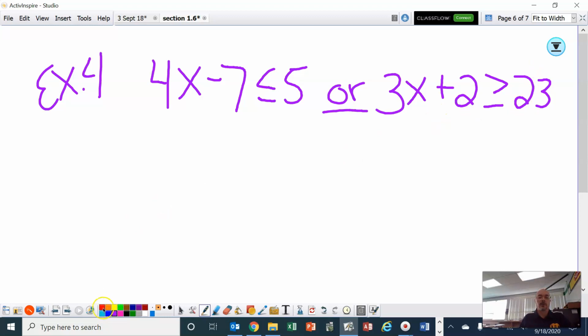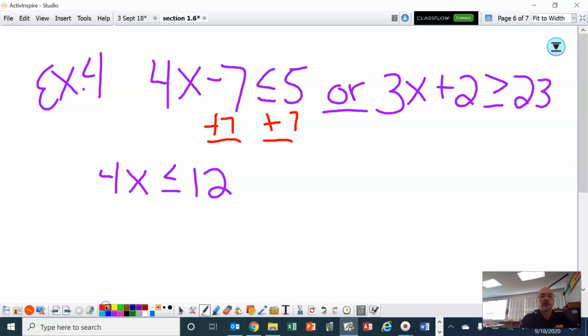So I'm going to do the one on the left first. I'm going to go ahead and add 7. So 4x is less than or equal to 12. I'm going to divide by 4. And I'm going to get x is less than or equal to 3.